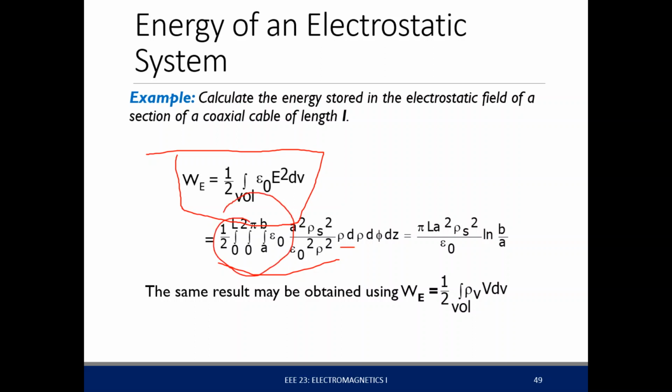And integrate that, get this expression right here. The same result can actually be obtained using the original definition of your electric potential, the work due to the charges present.